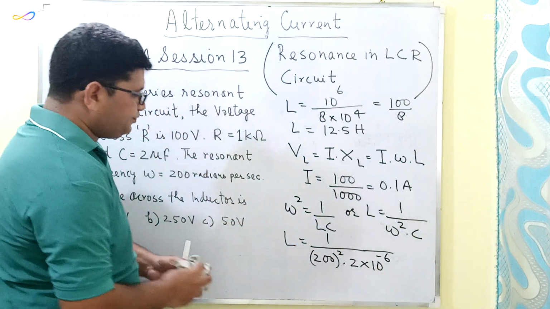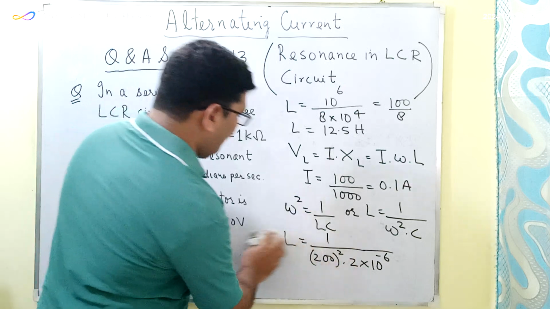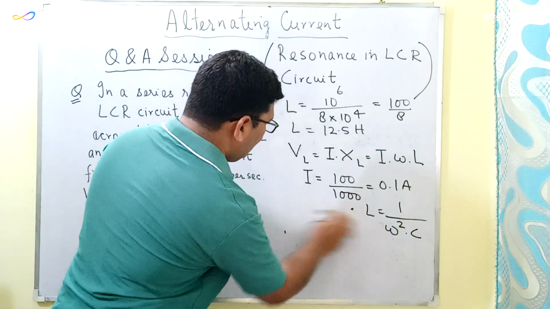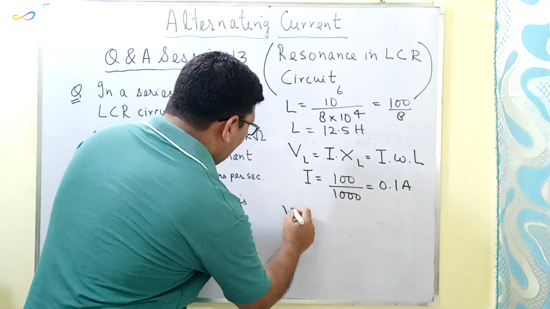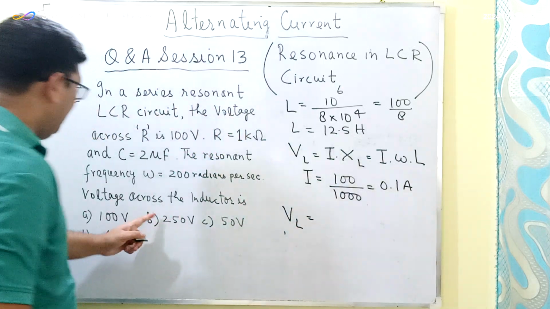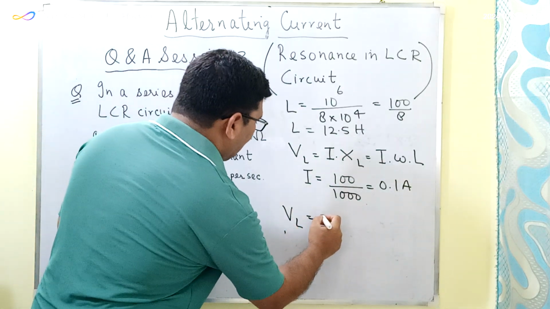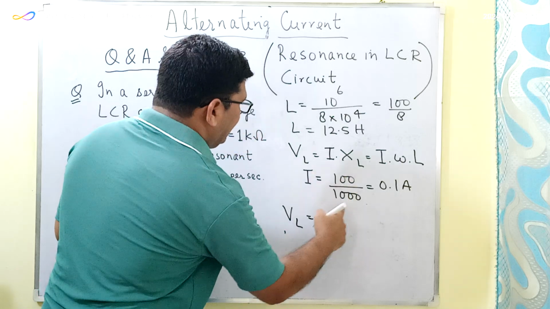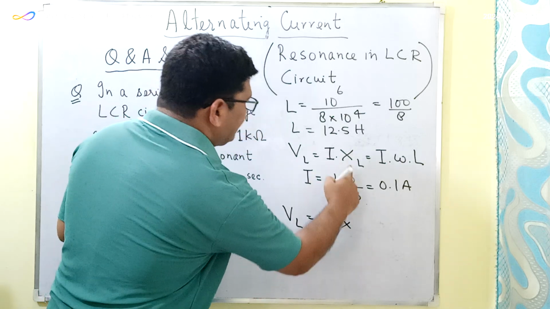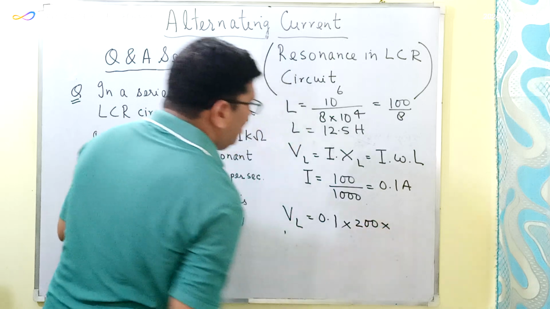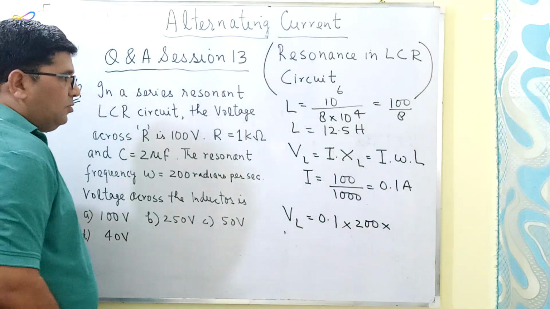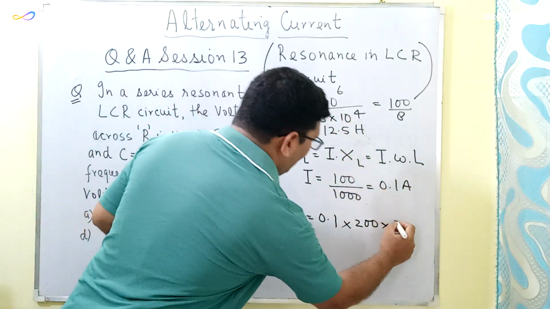So the voltage across the inductor, that is VL, will be equal to I into XL, which is 0.1 into XL. XL is equal to omega L. Omega is equal to 200 into L. L is equal to 12.5.